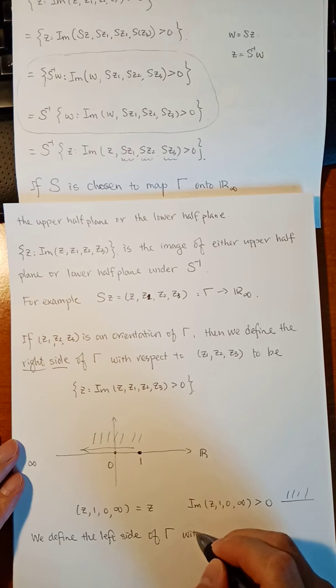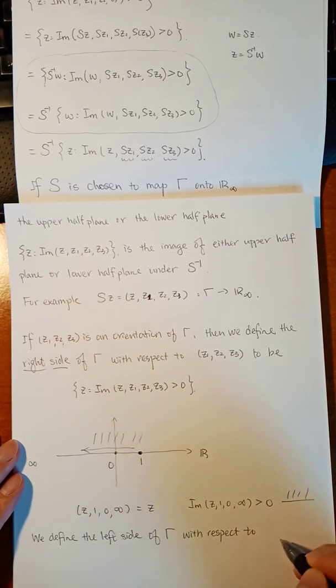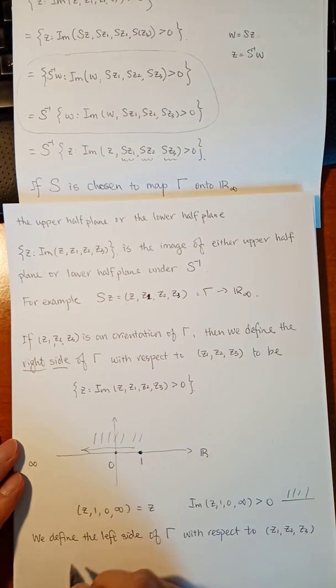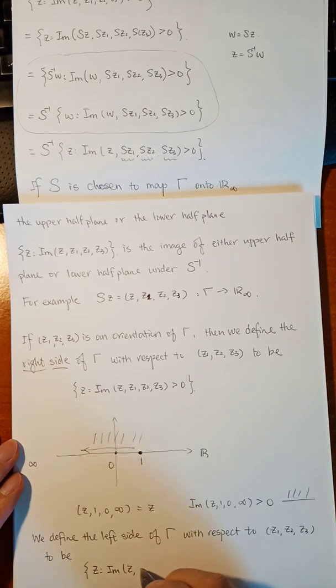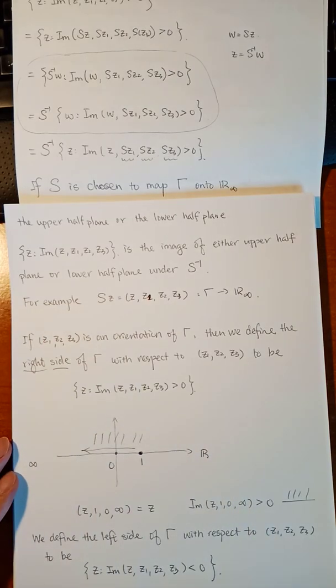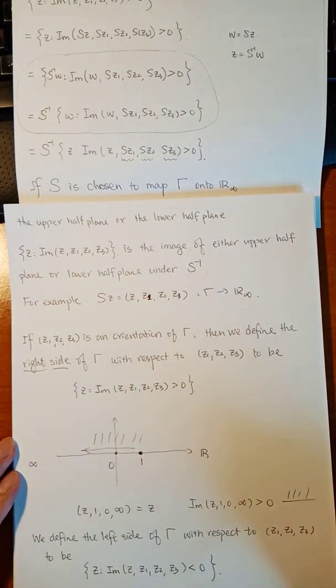You should also emphasize, with respect to Z1, Z2, and Z3, to be the region of Z such that the imaginary part of the cross ratio of Z, Z1, Z2, Z3 becomes negative. So positive is the right side, negative is the left side.